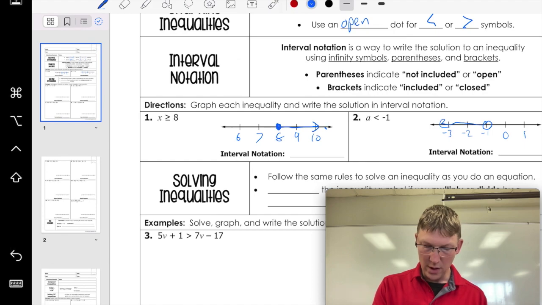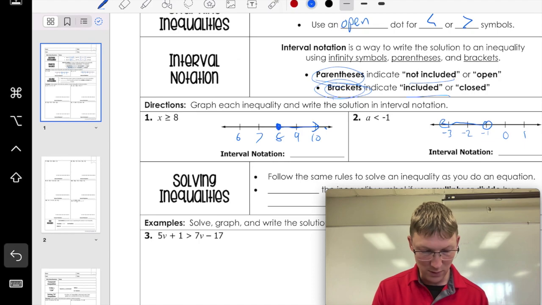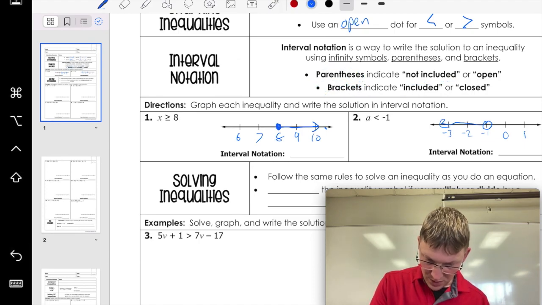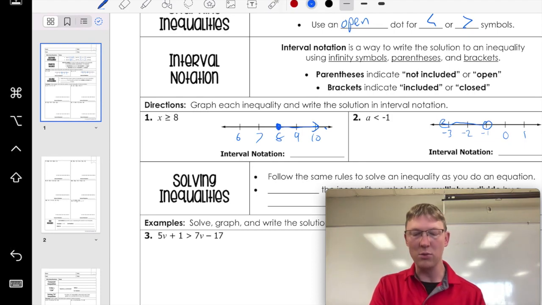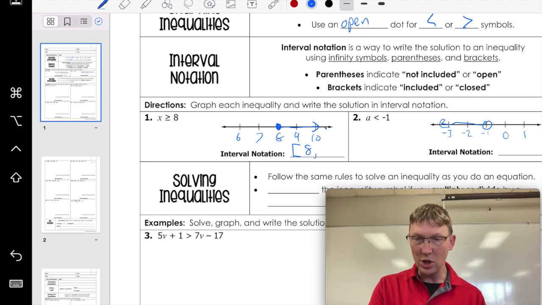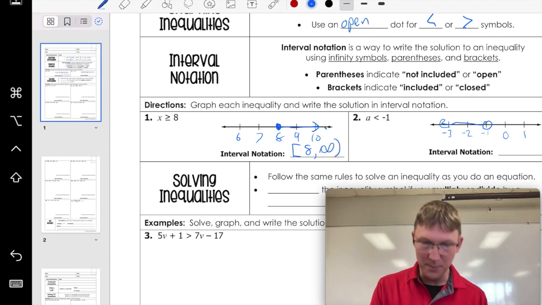We have parentheses that we can use that indicate not included or open, and then brackets that indicate included or closed. Since 8 is included and it's the lowest number, and then we're going up, we're going to do a square bracket, 8, comma, and then since it goes on forever, we have a symbol for forever. It's infinity, right? So we do a little infinity.